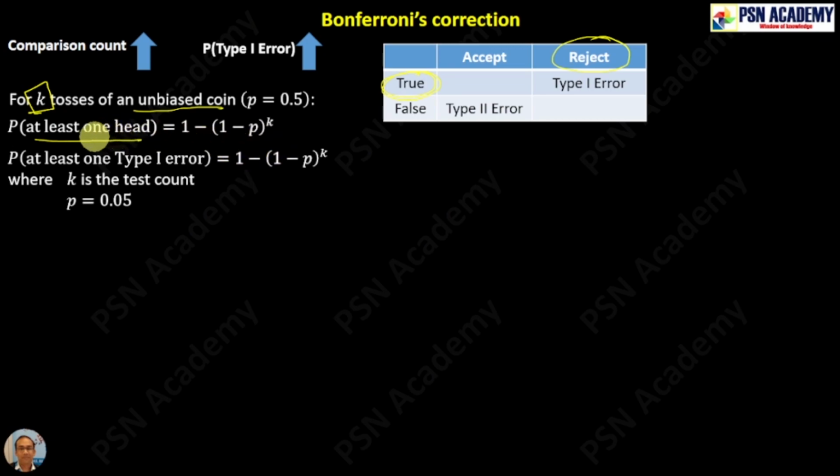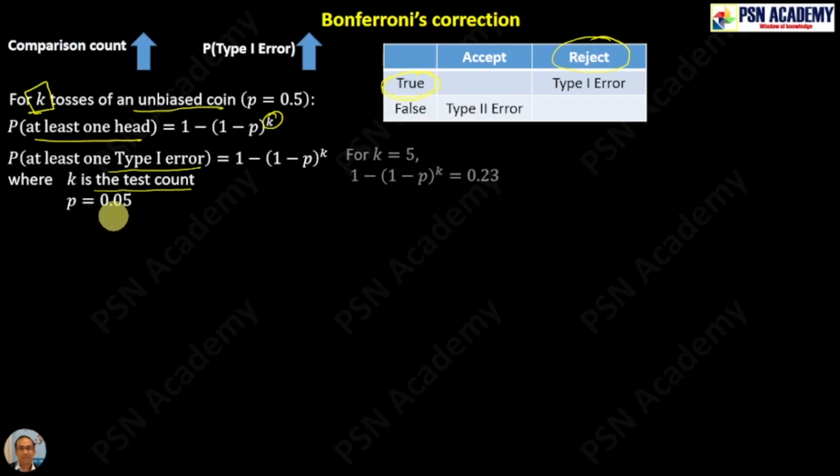If you go for an analogy here, then at least one head can be replaced with at least one type 1 error, and you will have 1 minus p raised to k. Here k was a trial, you are tossing the coin, and here k is the test count, right? And the p here is the significance level, which is 0.05.